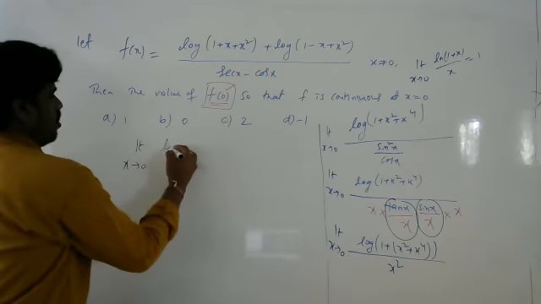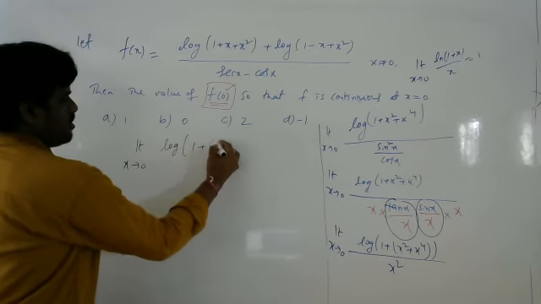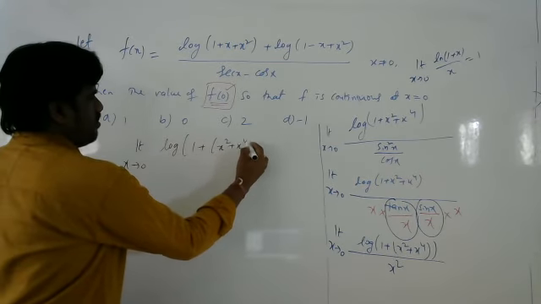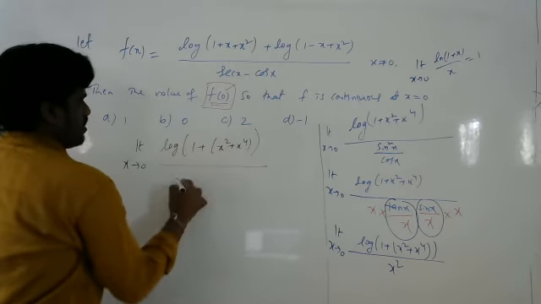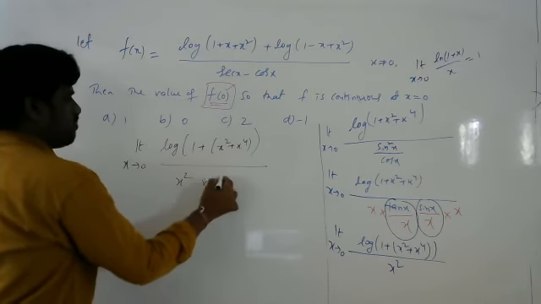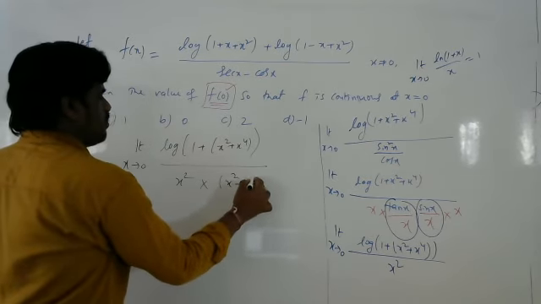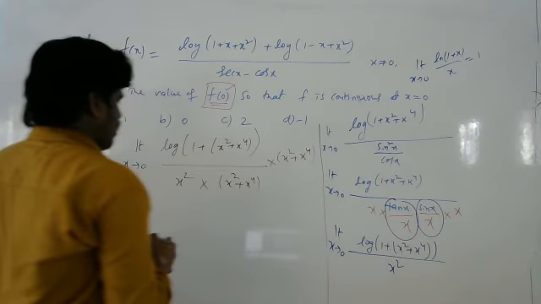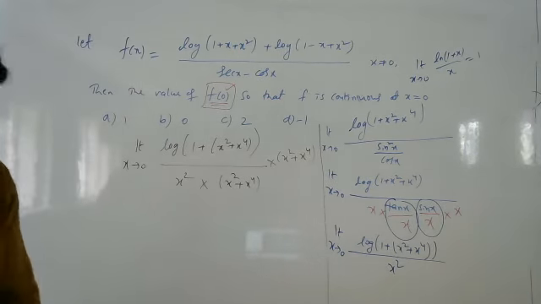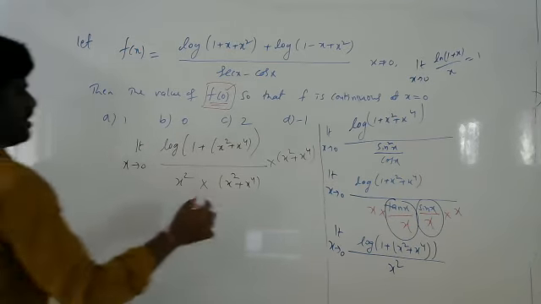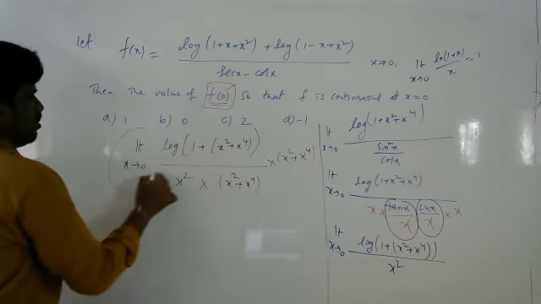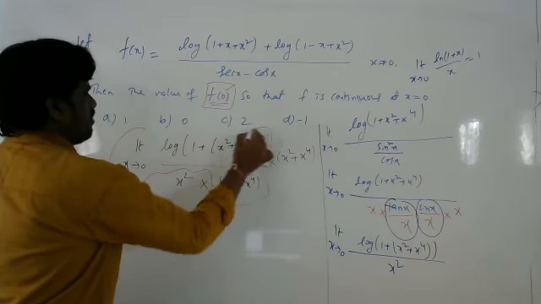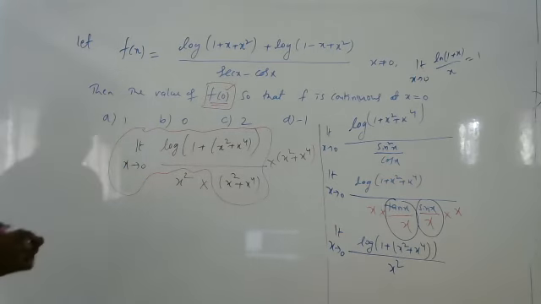Here we have limit of log of 1 plus x square plus x power 4, divided by x square plus x power 4, multiplied and divided by x square plus x power 4. As x tends to 0, the log part becomes 1 because it is the standard limit.